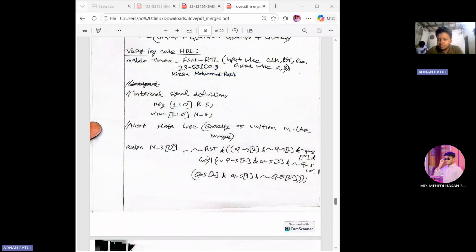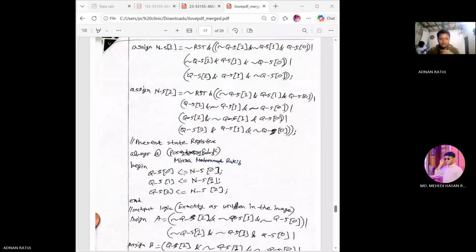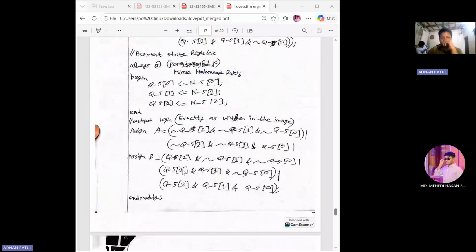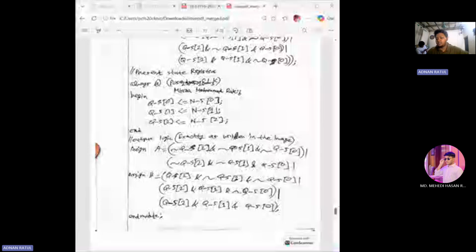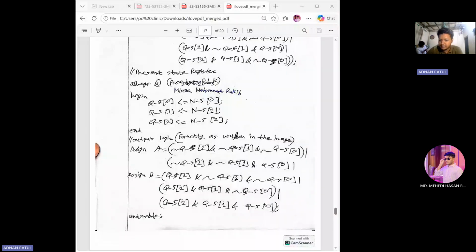So on for each valid transition. The present state register uses an always block triggered on the positive edge of the clock. At each rising clock edge, Q takes the value of N. Finally, the output logic: output A is for states 000 to 011, these are the TH states.